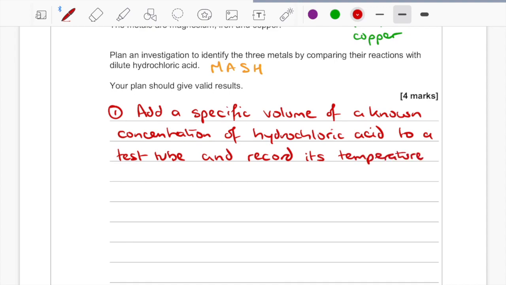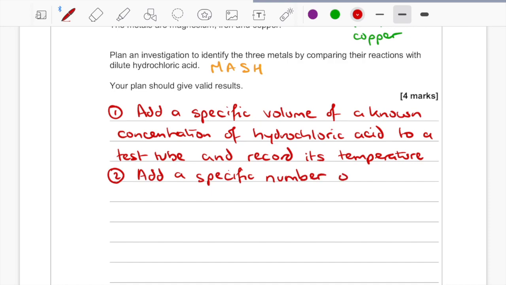Okay. Number 2. Add a specific number of moles, because I actually think that's better. But if you wrote mass, it would be okay.